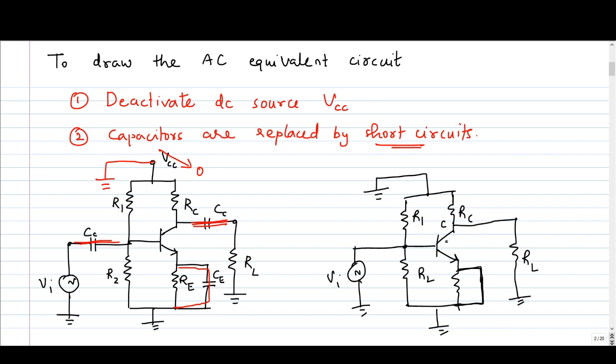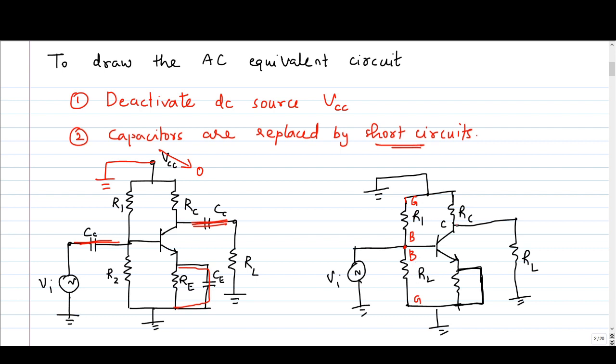Now we can slightly modify the circuit. If you observe the circuit, one end of R2 is at base and the other end is at ground. And one end of R1 is also at base and the other end is at ground. So R1 and R2 will be in parallel.